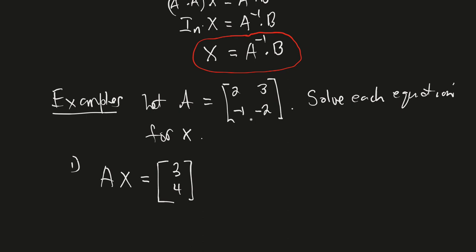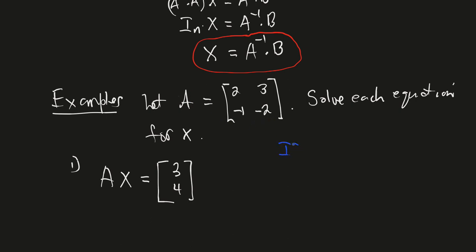Now, previously, we came up with a special formula for the inverse of a 2 by 2 matrix, right? In fact, let me remind you of that formula, and then we will use it whenever we have to find the inverse of a 2 by 2 matrix, assuming it's invertible.